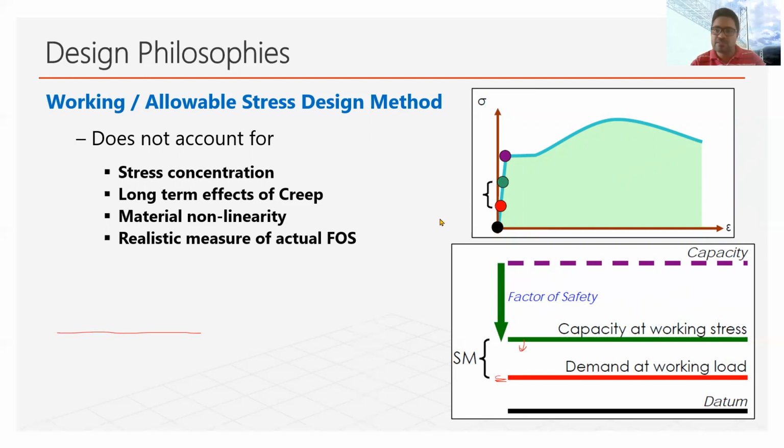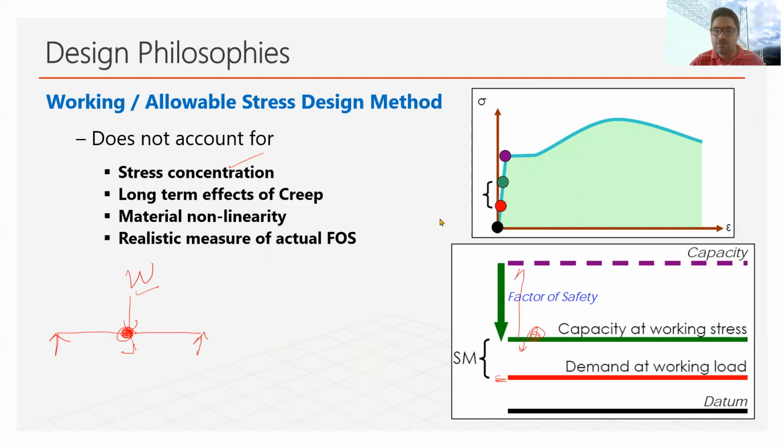Let me explain this with the first example, stress concentration. For example, there is a beam, and this beam is subjected to a point load, say W. The point below the load, this part of the beam, may be under stress concentration. Why? Because this point is directly subjected to the point load, and the effect of the point load will be higher at this point. So this point may be subjected to stress concentration, which means the stress at this point may go up from this green line.